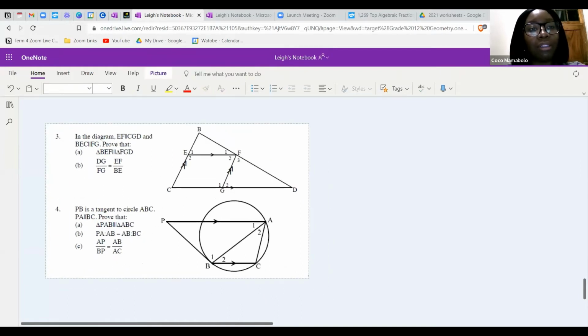In the diagram, EF is similar to CGD. Now, what we're looking at here will not be an angle because they've only given us two sides, sides EF and CGD. So what are we going to be using to solve this? It won't be angles anymore. What will we be using to solve for this? You can tell us.